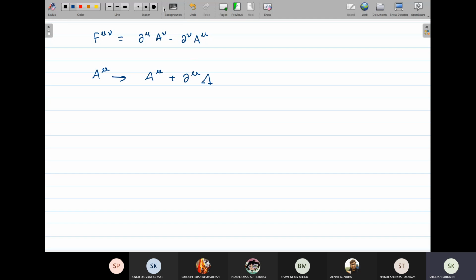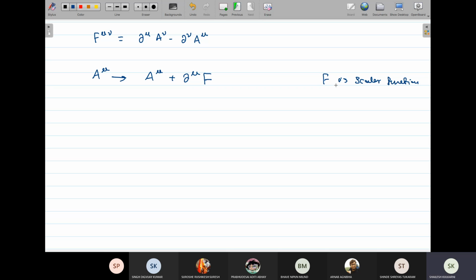This is a scalar function, or I think I should use something else. Some scalar function, say S, but S I use for action. Okay, this is a problem. So some scalar function, say F. There are no indices, so F is a scalar function.